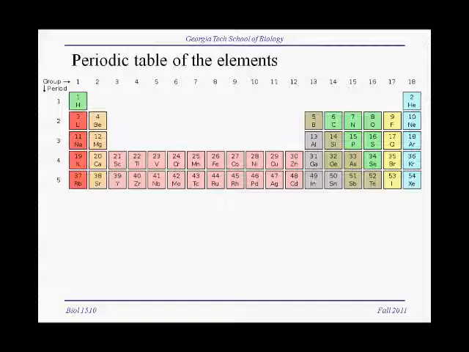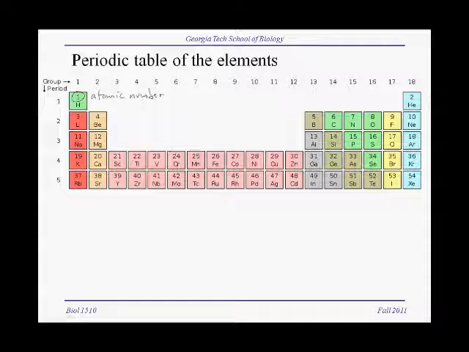So if you recall, or maybe you don't, the periodic table of the elements lists all the elements in order by atomic number. So the atomic number is equal to the number of protons in the nucleus.